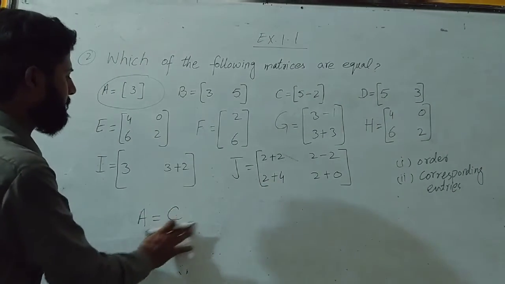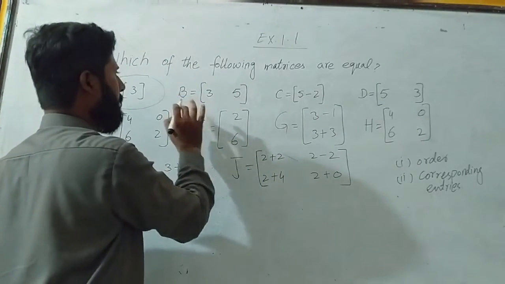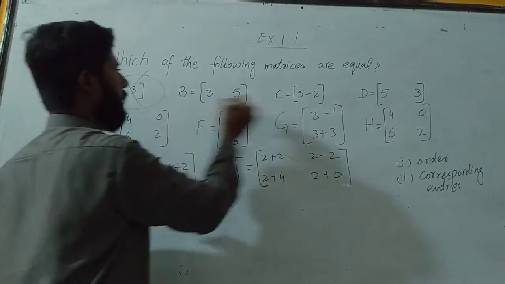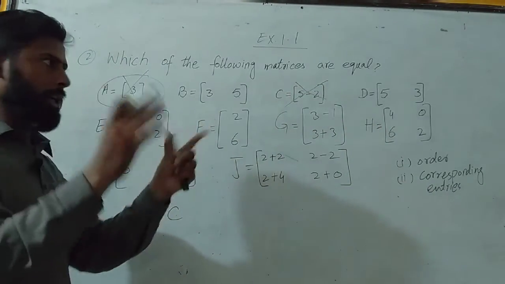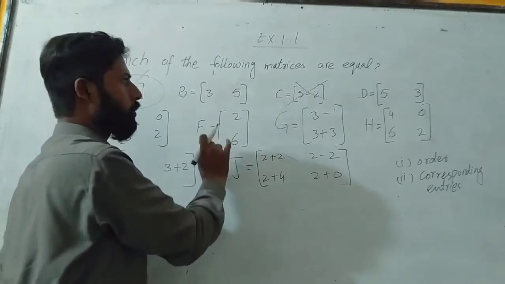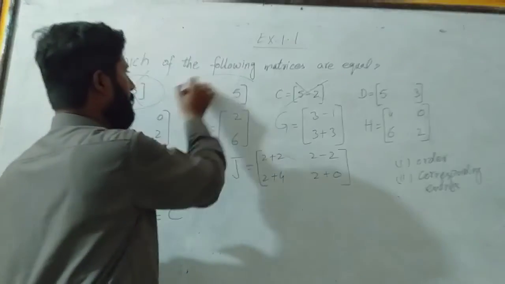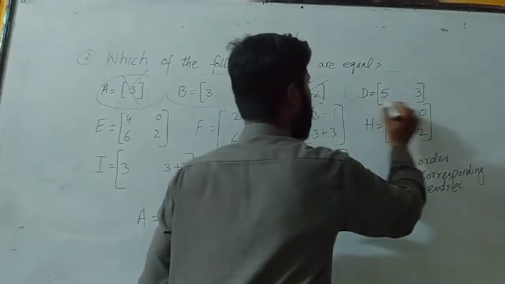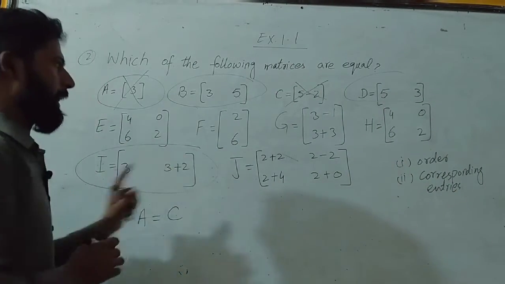And second, 3 5. The second matrix, 3 5, order 1 by 2. Now we have to point out the matrices whose order is 1 by 2. D, its order is also 1 by 2, and that of I is also order 1 by 2.